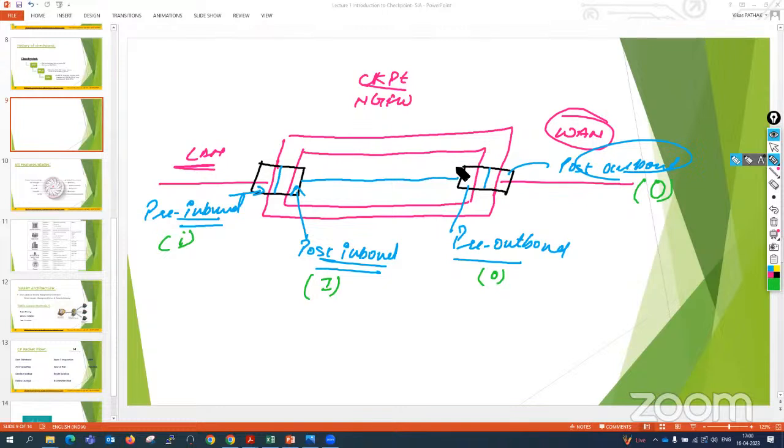Shall I remove this or not? Anyone? Yes, Aniket, sir, go on. Sir, as you said, pre-outbound and post-outbound. In my organization, we also use the same Checkpoint firewall. But there is one issue going on: when it is bypassing the outbound layer, it doesn't allow the downloading process.